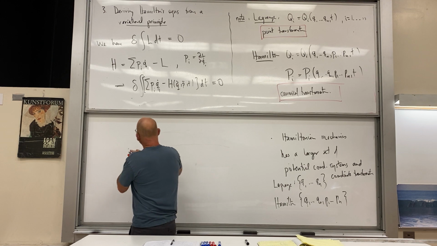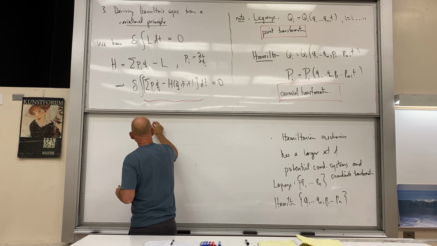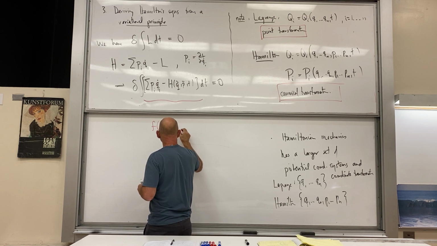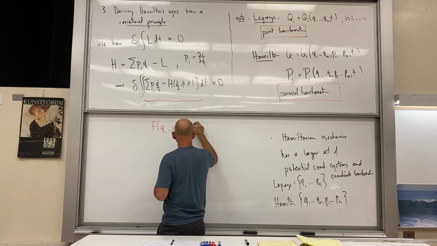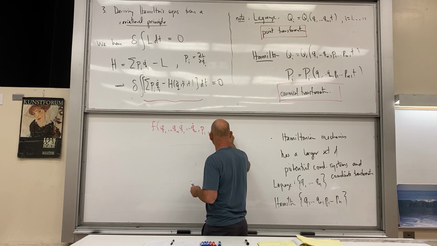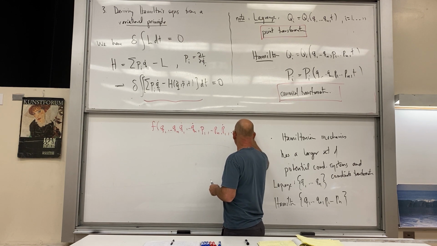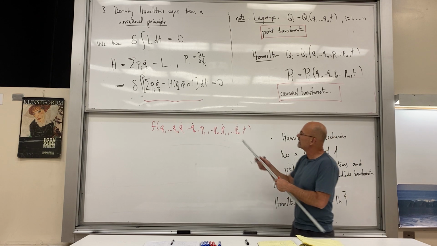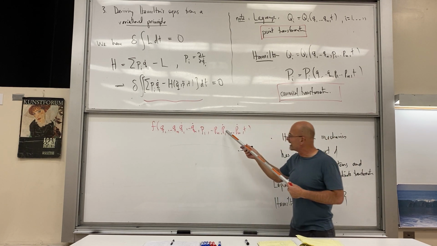Okay, what we have here is a function of Q1 to Qn, Q1 dot to Qn dot, P1 to Pn, P1 dot to Pn dot, and T. Okay, that's all the variables in there, although the P dots are not explicitly there.